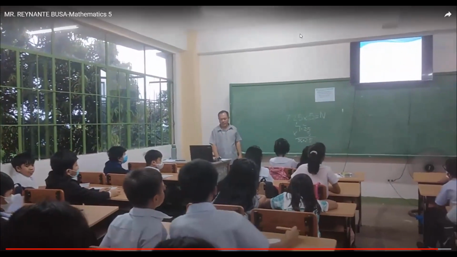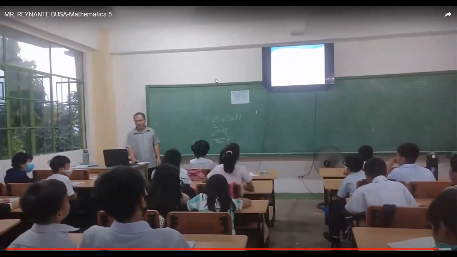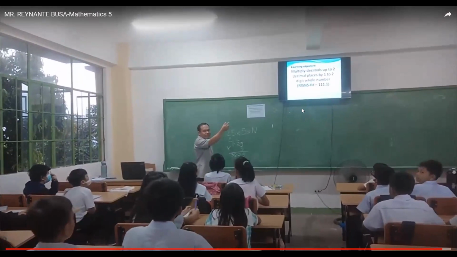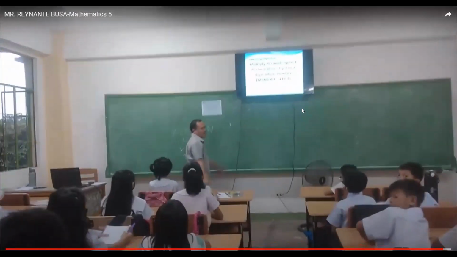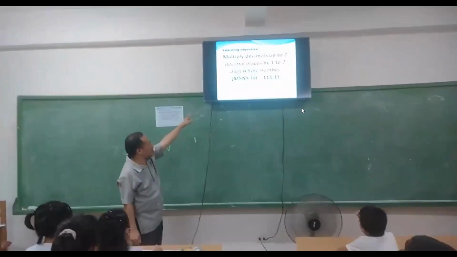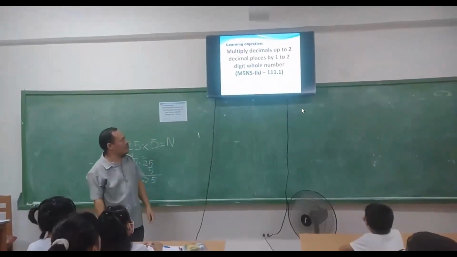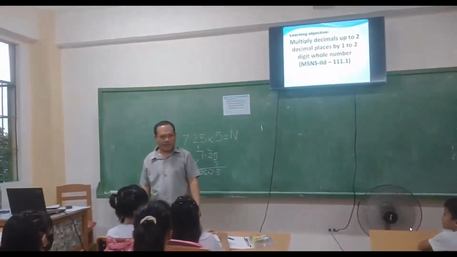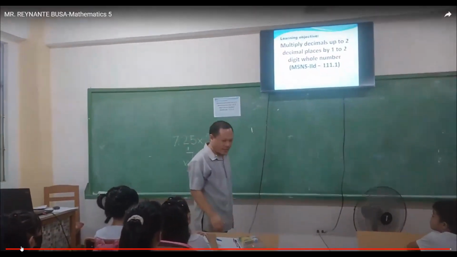Okay, that's all for this afternoon. Again, our topic is multiplying decimals up to 2 decimal places by 1 to 2 digit. Okay, so again, that's all for this afternoon and thank you.